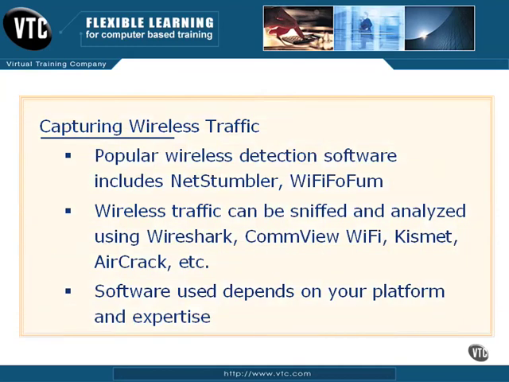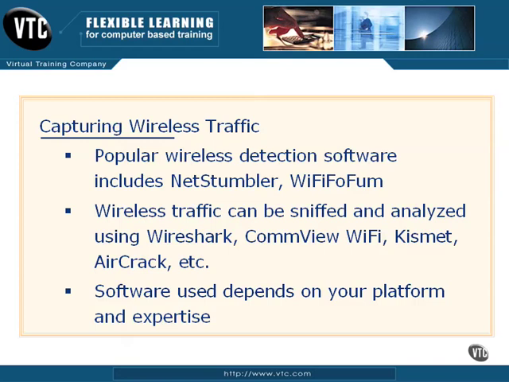Now, how would you go about capturing wireless traffic? Well, you're going to need some software, first of all, and there's a lot of software out there for sniffing and cracking wireless networks. There are things like NetStumbler, for example, and Wi-Fi FOFUM. NetStumbler is a very popular program used for Windows and on PDAs. So is Wi-Fi FOFUM, a particular program for PDAs. But there's also software out there that is used to sniff and analyze wireless traffic.